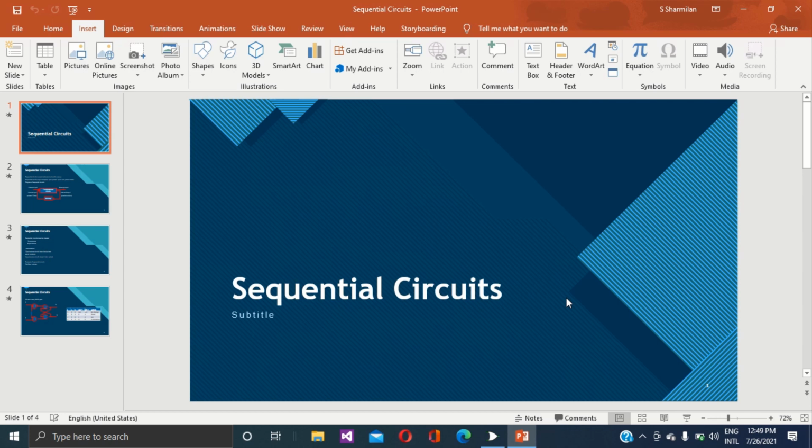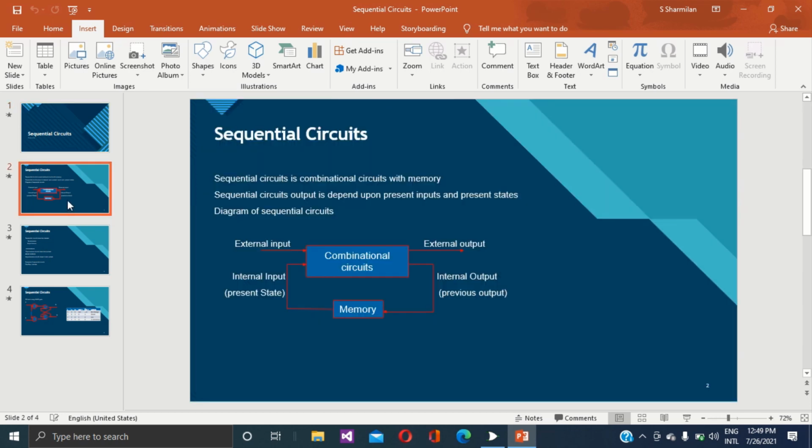Now we are going to discuss the sequential circuit. A sequential circuit is a combinational circuit with memory. That means the output of a sequential circuit is a function of inputs and the present state of the memory element. That means sequential circuit output depends upon present input and present state.